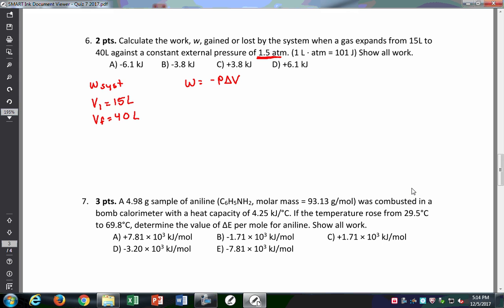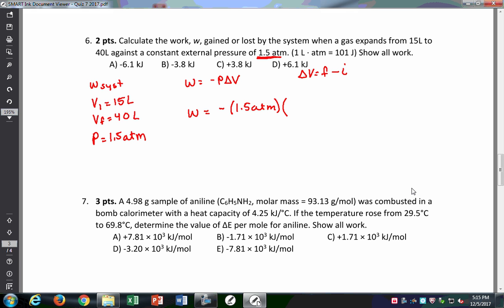So what we're looking at here is we could first calculate our work. We are given our pressure, and we have our initial volume and our final volume, so we can calculate our change in volume. So our work is equal to negative 1.5 atm times our delta V. And change in volume, or change in anything, is always final minus initial.